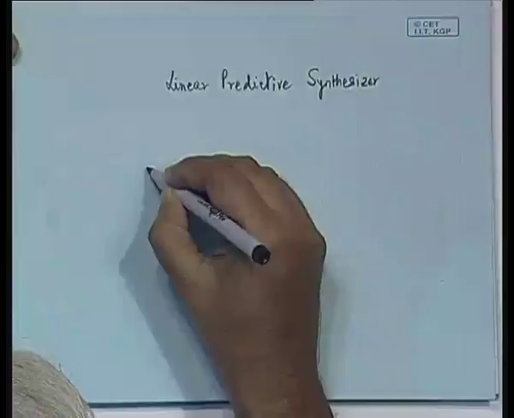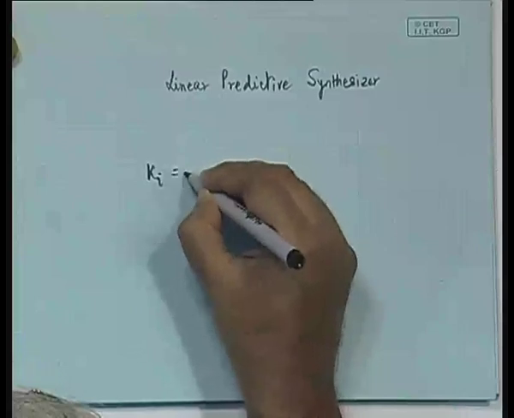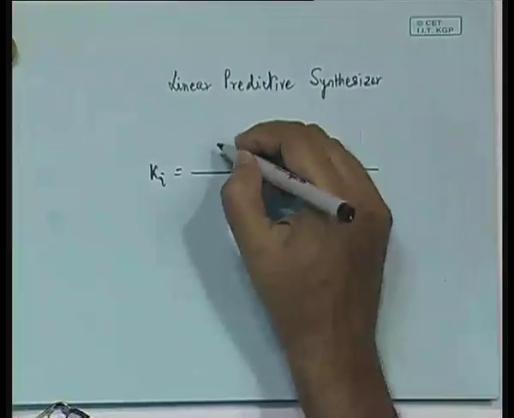In terms of the prediction errors, one can write KI as follows.